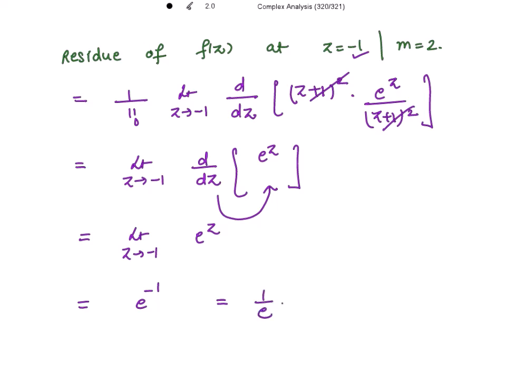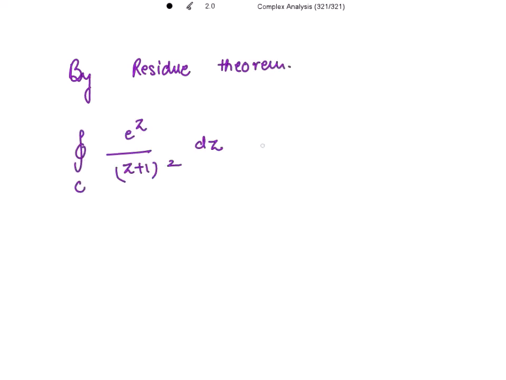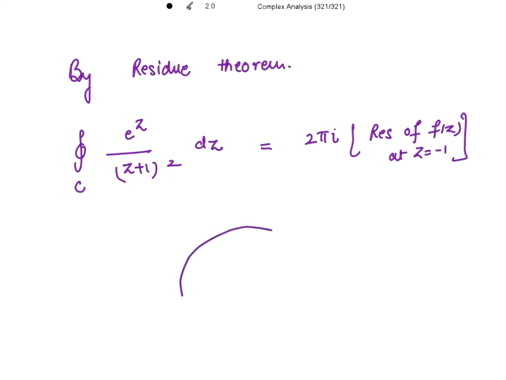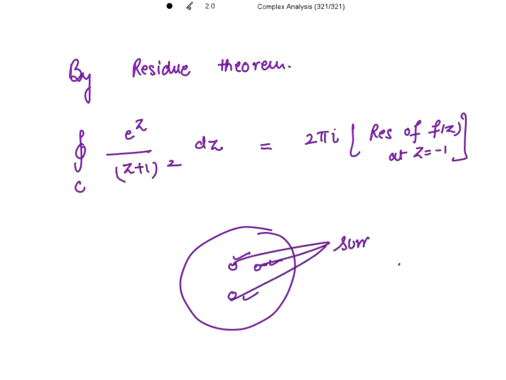And now we are going to apply the residue theorem to evaluate the integral. So by the residue theorem, the given integral is equal to 2 pi i times the residue of f(z) at z = -1. Please remember, if we have more than 1 points lying inside the circle, then just take the sum of these residues and take all this sum inside this bracket.